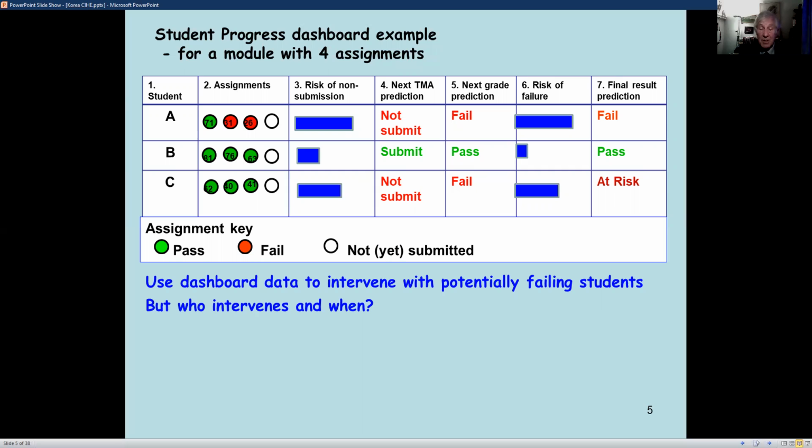Student B, however, has passed all 3 assignments so far and is very likely to submit the 4th assignment and pass the whole module. Clearly, the dashboard is telling us that we should intervene in some way with students A and C. But who intervenes and when?